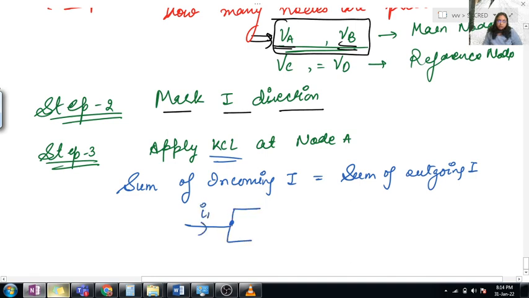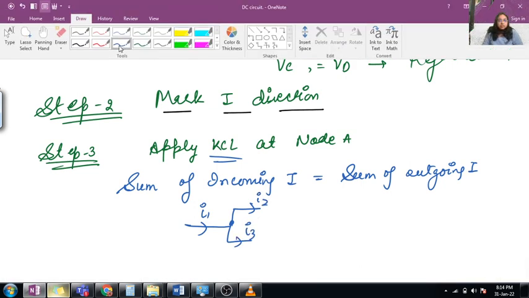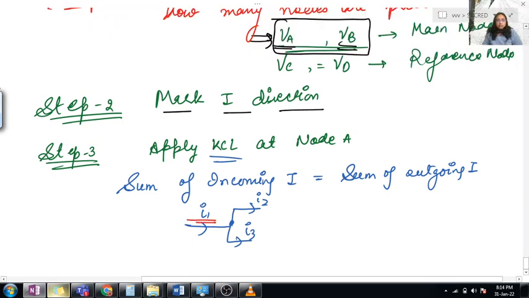This is the current I1, this is the current I2, and this is the current, suppose I3. The current which is entering a node is known as incoming current, because this current is entering the node. If the current is leaving the node, then that current is called outgoing current, because that current is leaving the node.